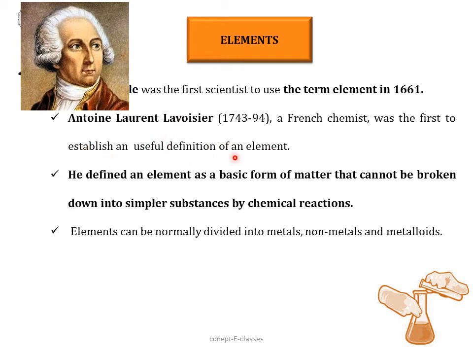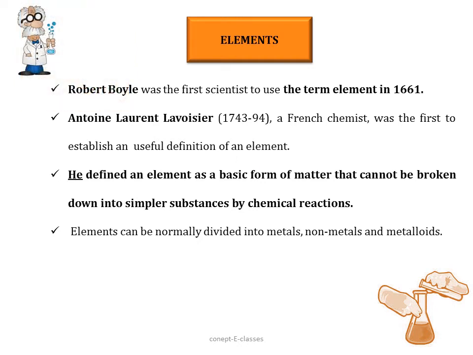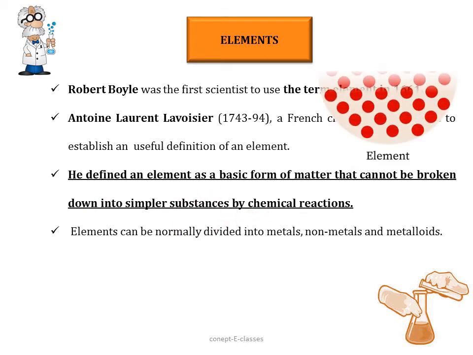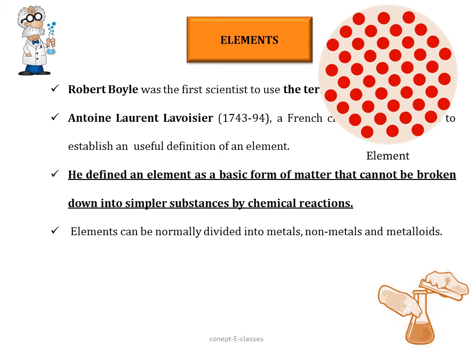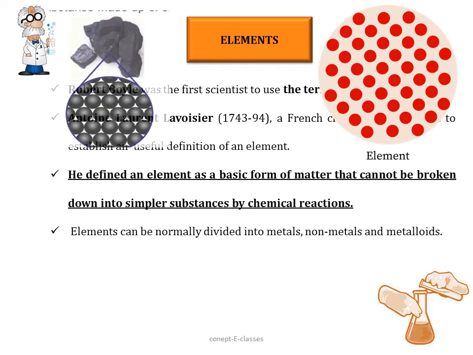According to him, an element is a basic form of matter that cannot be broken down into simpler substances by chemical reactions. Or we can also say that an element is a substance made up of only one type of atom. We'll study more about atoms in the next chapter.